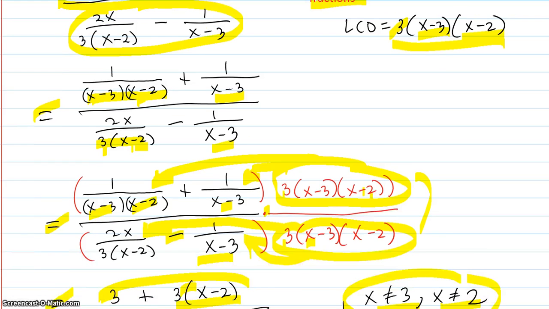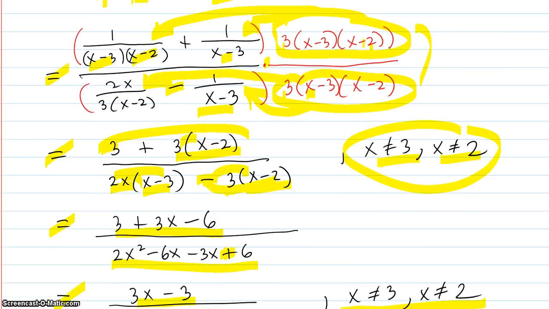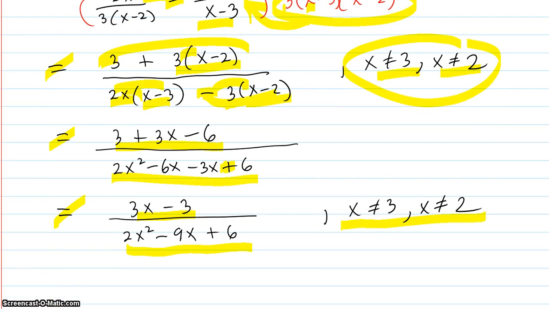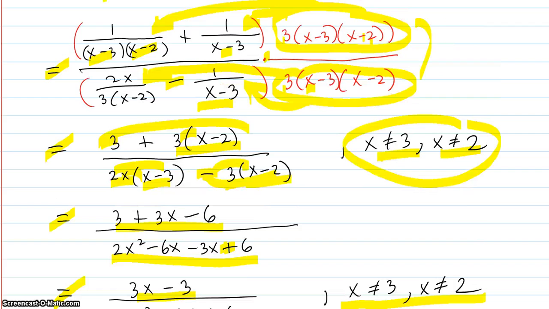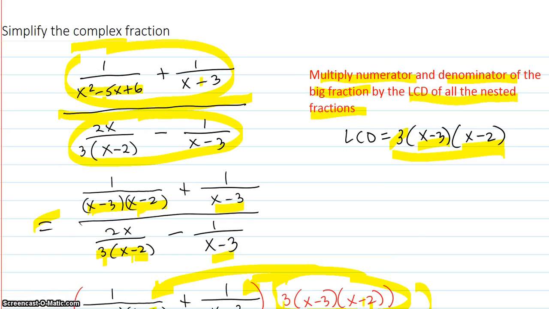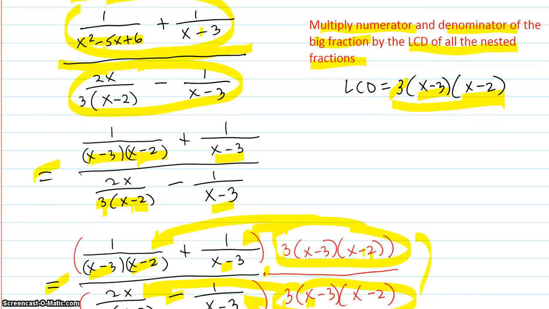So all these equal signs come all the way down to here, but the original fraction is undefined at every x that makes these denominators 0, which is everything that makes this LCD 0, which is x equals 2 and x equals 3.